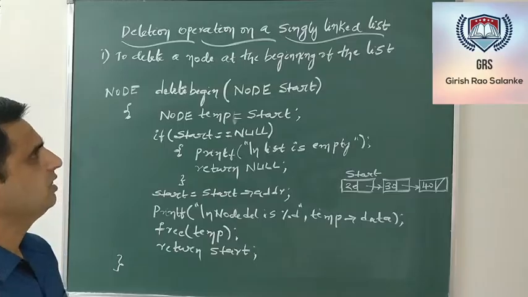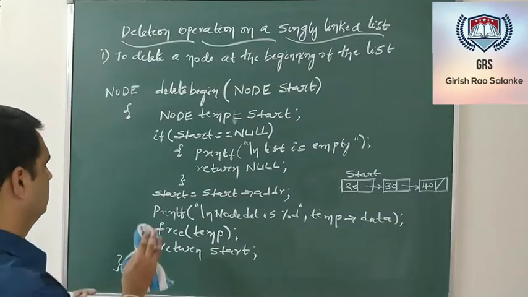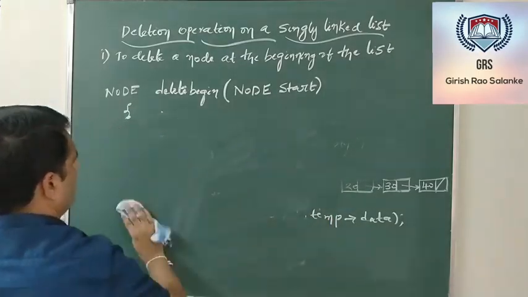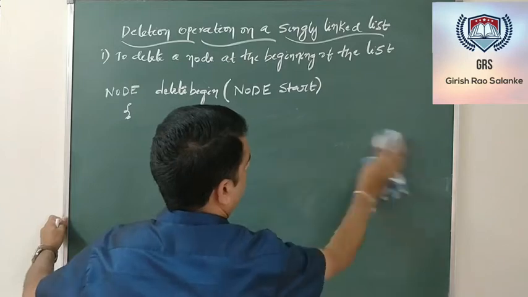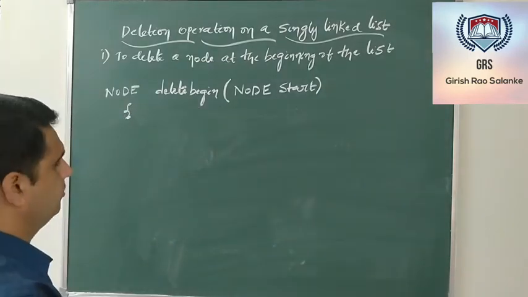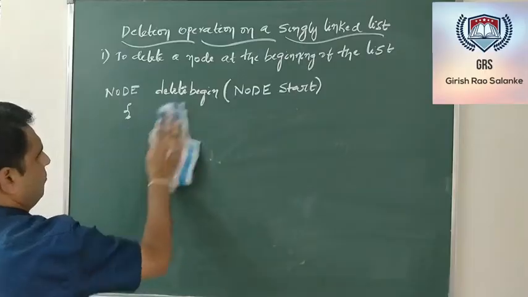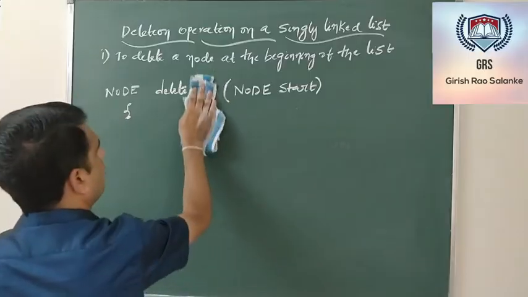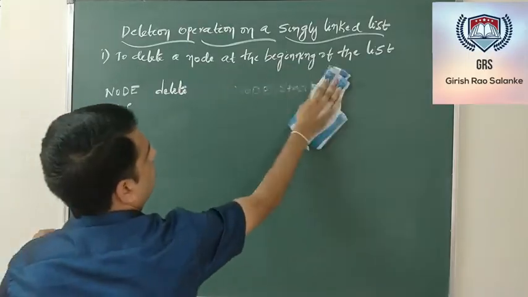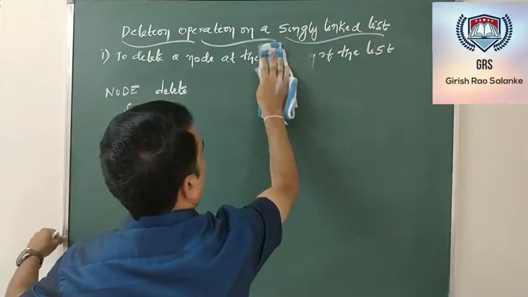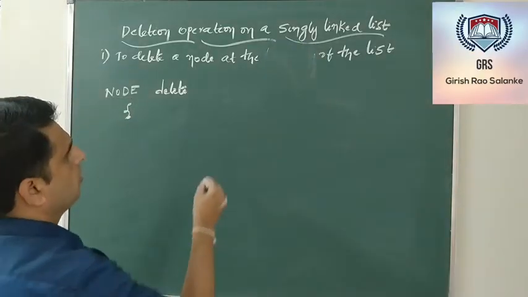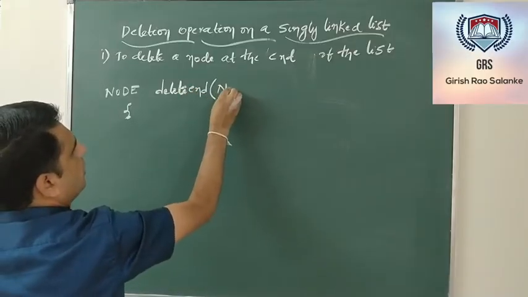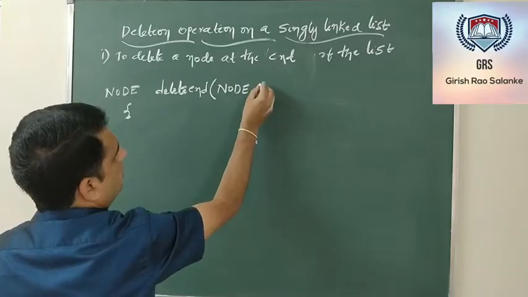Now moving on quickly, we'll see how to delete a node at the end of the list. Function name delete end. The argument is the reference of my list node start.